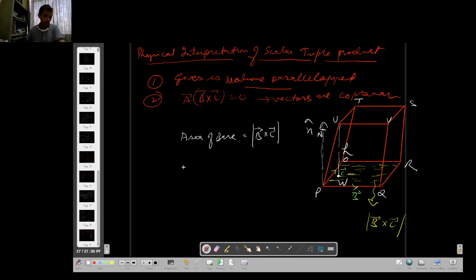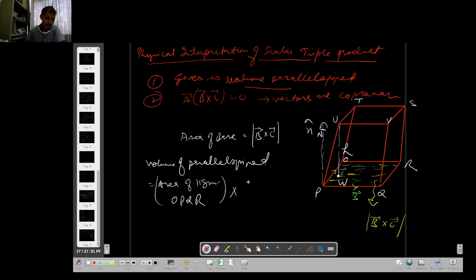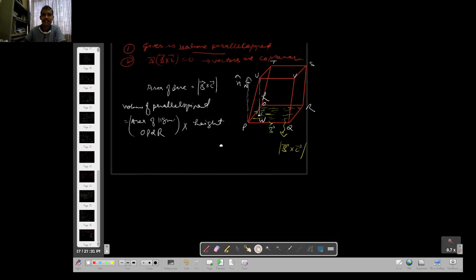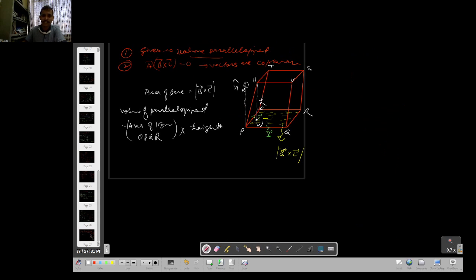So let me talk about now the volume of the parallelepiped. Volume of the parallelepiped is equal to the area of the parallelogram formed by OPQR multiplied by height, and the height is h here.